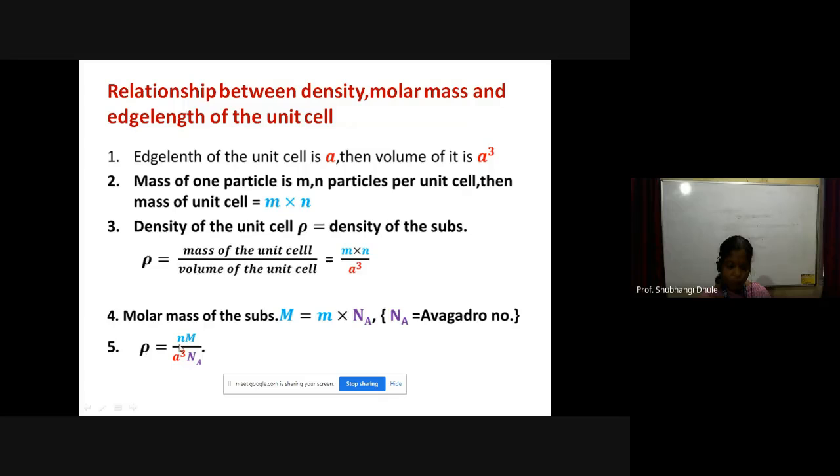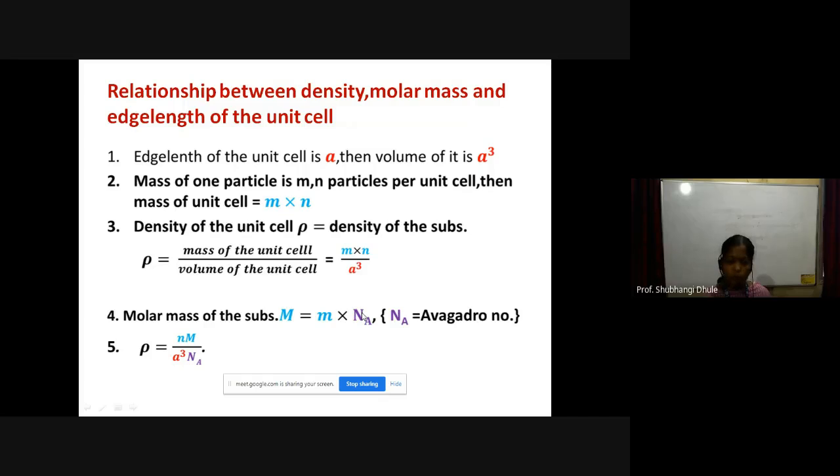Now, how do you calculate the mass of a single particle? For this, there is a very useful formula. You should not forget it. Here, Avogadro's number will help us. The molar mass of the substance, capital M, is equal to the mass of the particle multiplied by Avogadro's number.